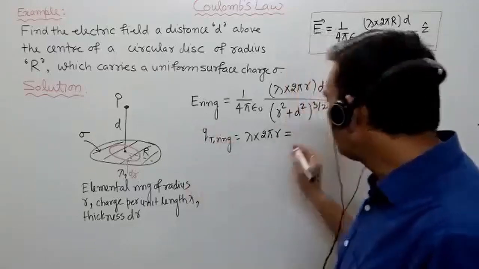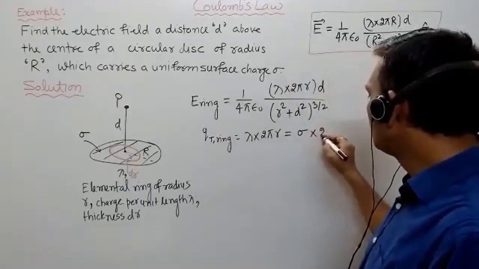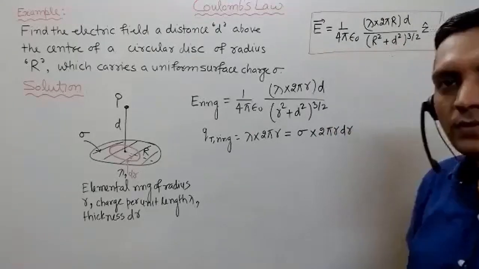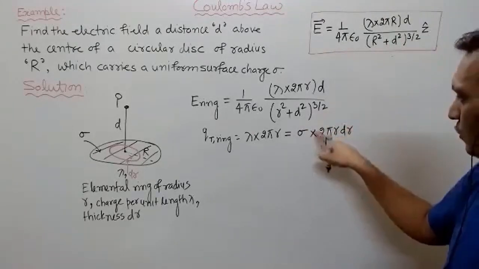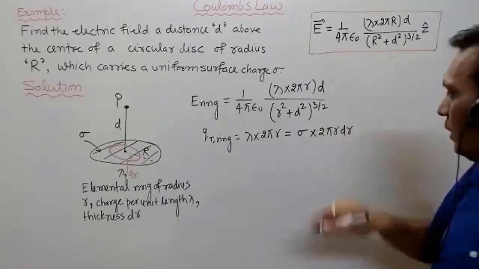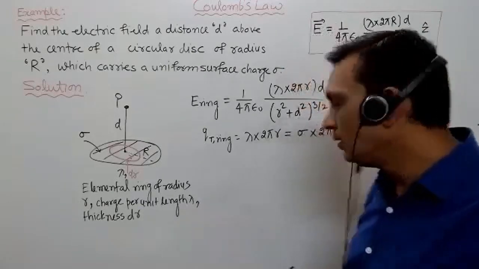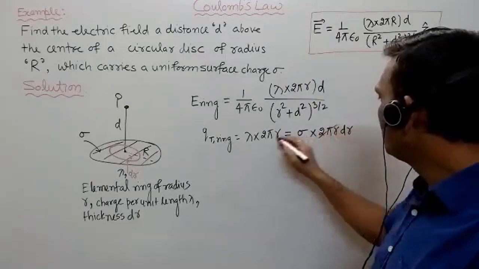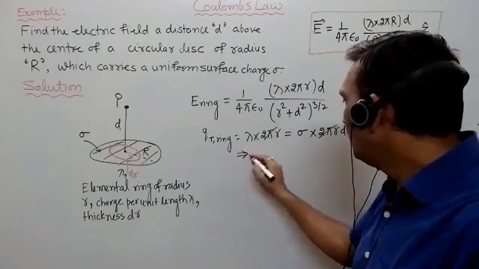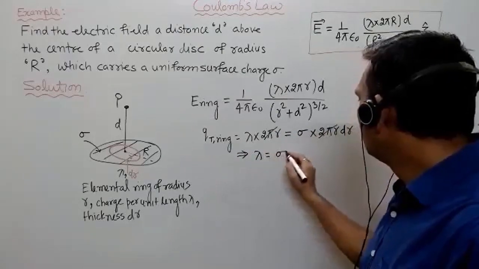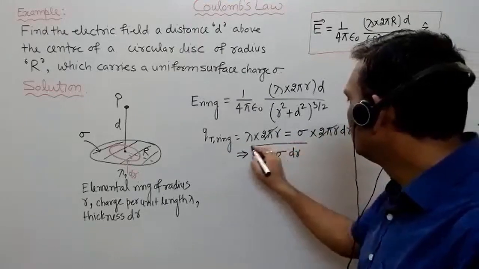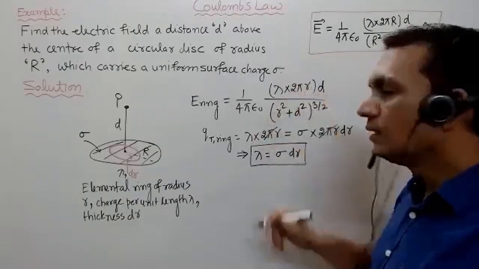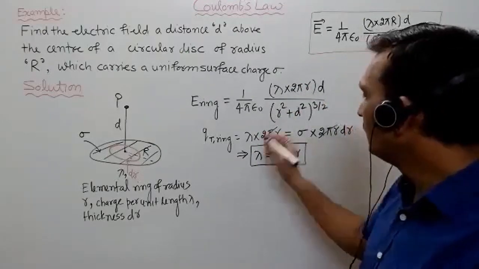And in terms of sigma, charge per unit area, this will be sigma into 2 pi r dr. So this 2 pi r will cancel out. So you will get lambda is sigma dr. So you can replace lambda by sigma dr.